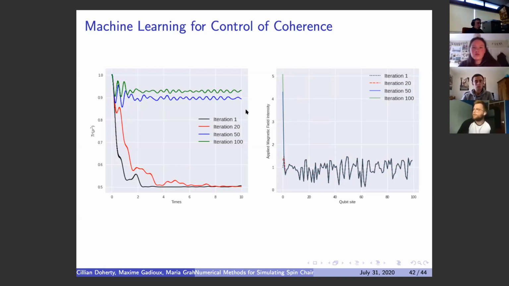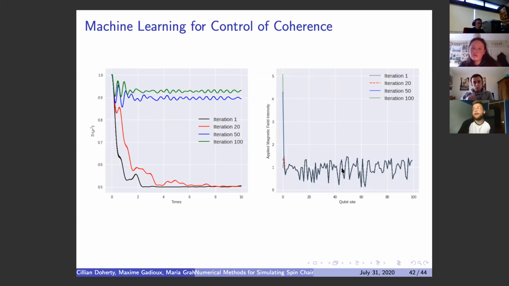So when we go back and actually look at the magnetic field that the algorithm seems to be suggesting, this graph is a bit hard to see just because the magnetic fields all overlap for time or for qubit sites that aren't the system site at site number 1.